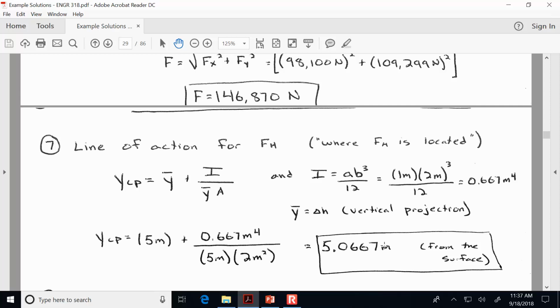We have to have the area moment of inertia, I, and remember I is AB cubed divided by 12. A is the width parameter, and of our projection that width is 1 meter and B is 2 meters. So AB cubed divided by 12 is the area moment of inertia, not of the actual curved gate, but of the vertical projection.